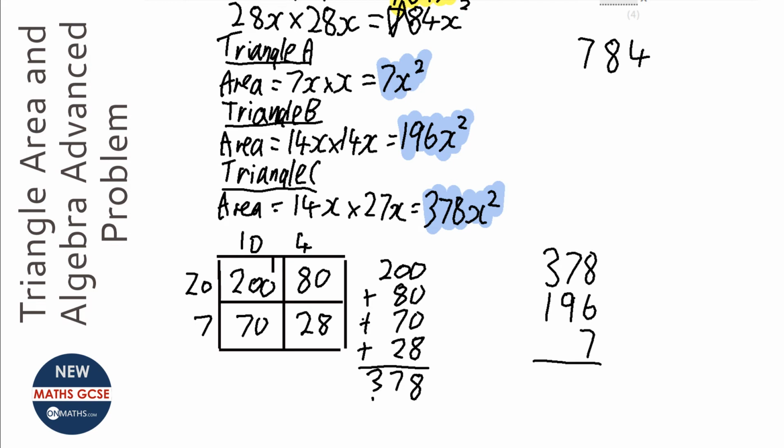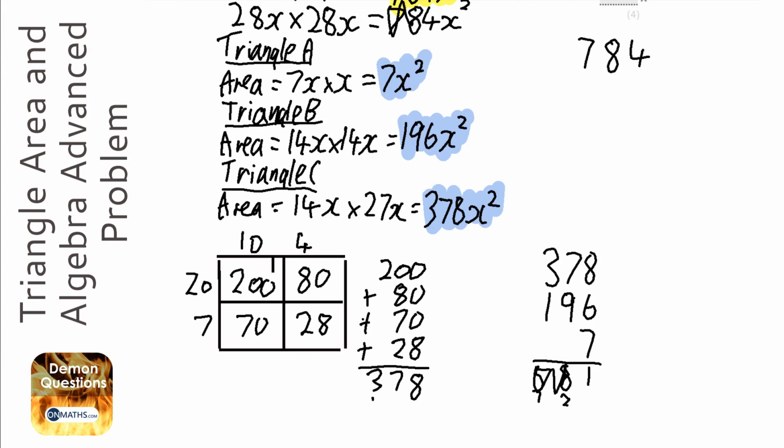Okay, so 8 plus 6 is 14, 14 plus 7 is going to be 21, 7 plus 9 is 16, plus the 2 is 18, and 3 plus 1 is 4, plus the 1 is 5. So 581 is the total.